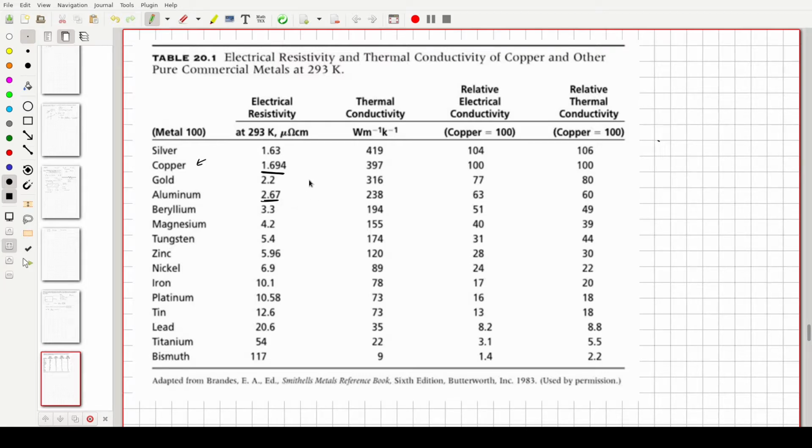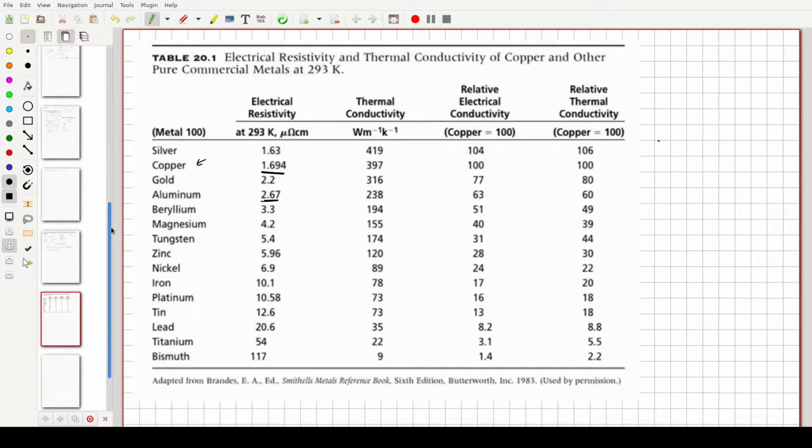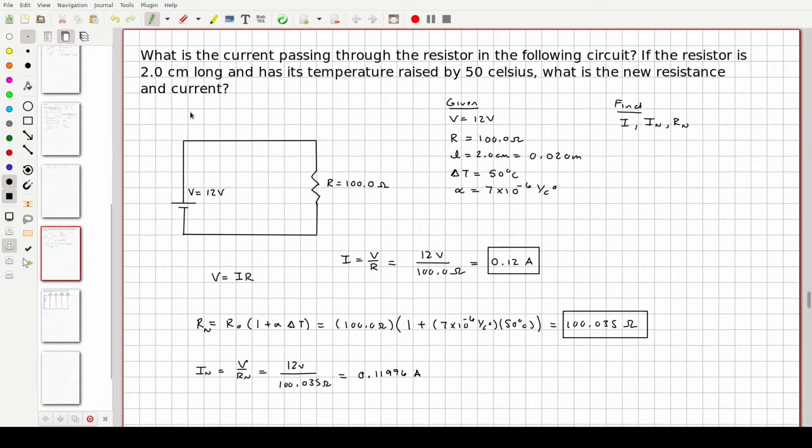As you can see here, nothing on this table has a zero resistivity. But like I said, there are classes of materials called superconductors, which we're not going to spend any time talking about. Superconductors operate at very low temperatures, and the low temperature has an effect on the material and causes what in some cases is called Cooper pairing.